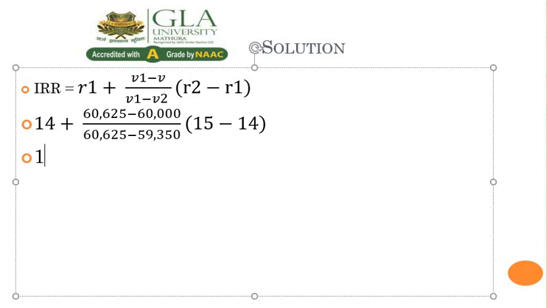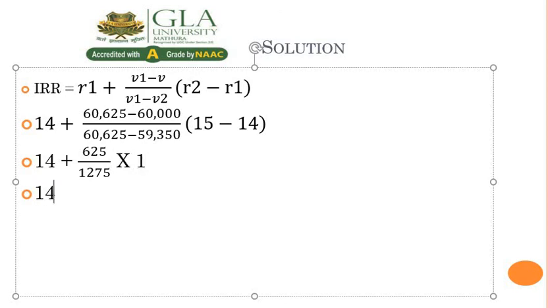Putting in the values: 14% plus 60,625 minus 60,000, that is 625, upon 60,625 minus 59,350, which equals 1,275, and 15 minus 14 equals 1.